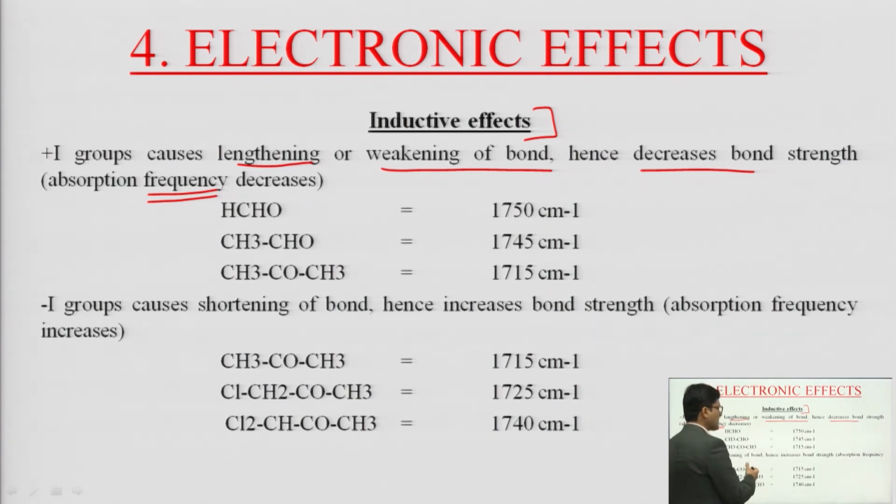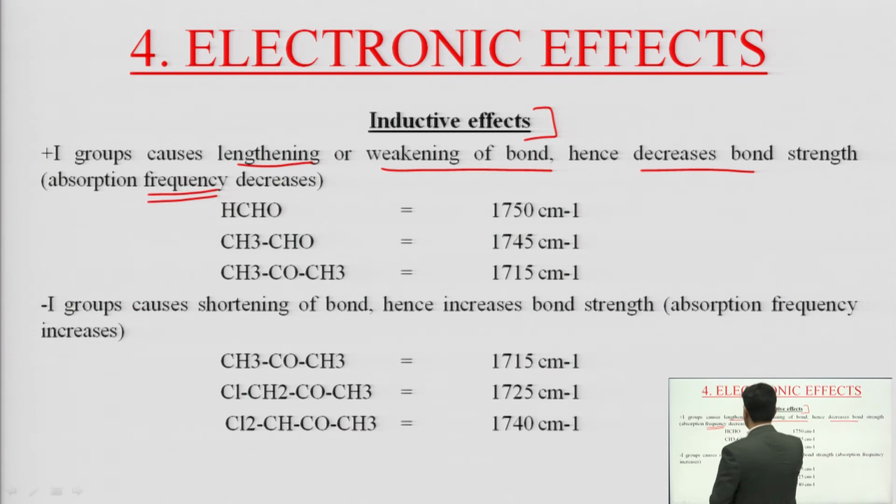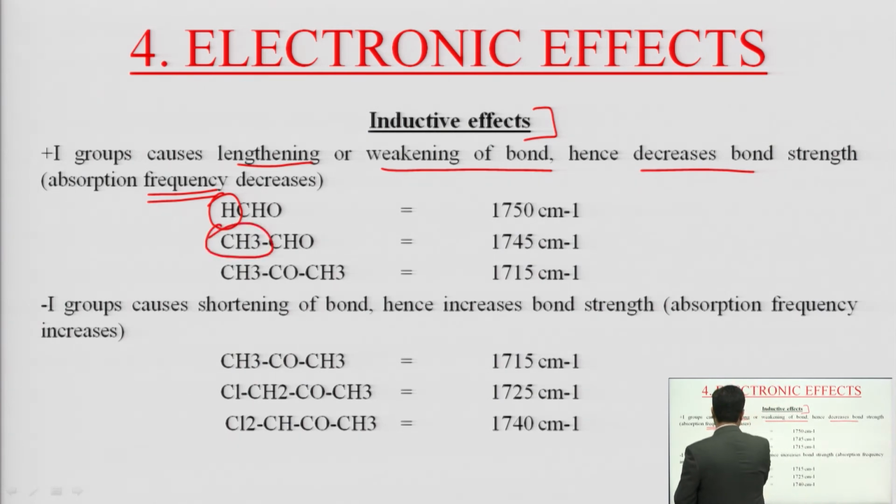So, here we take the example of formaldehyde, and in case of formaldehyde you can see clearly that we have a hydrogen attached to the aldehydic carbon. Second is acetaldehyde which has a CH3 group, and third is the ketone acetone which has 2 CH3 groups.